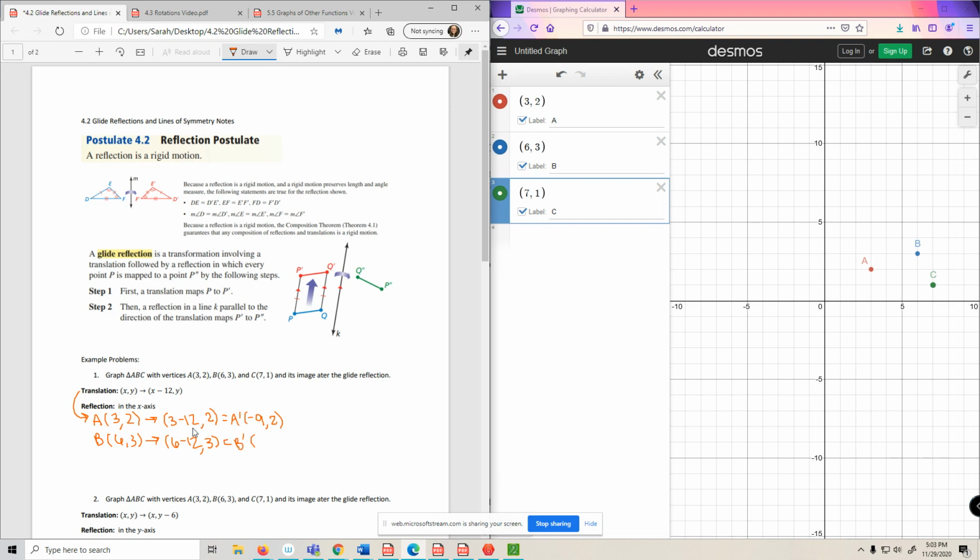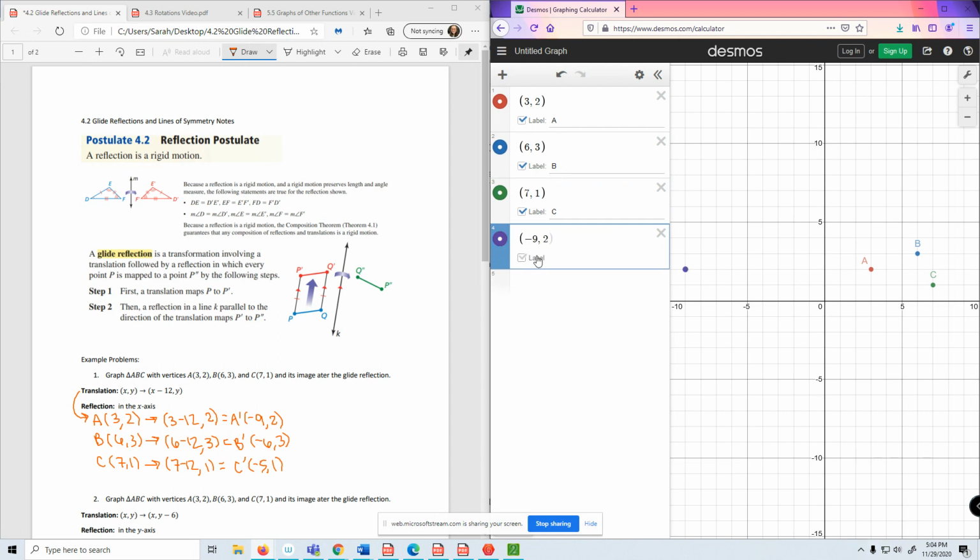So B prime becomes (negative 6, 3). C is (7, 1). If I do that translation, I subtract 12 from 7. I keep the y-coordinate the same. So C prime is (negative 5, 1). Let's go ahead and graph those in Desmos. Again, label those. And don't forget your primes, so that way you know where you're at.